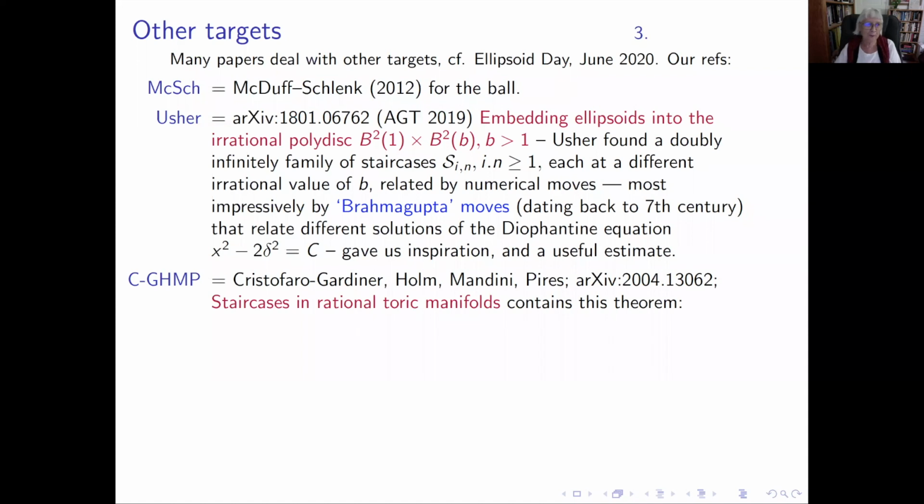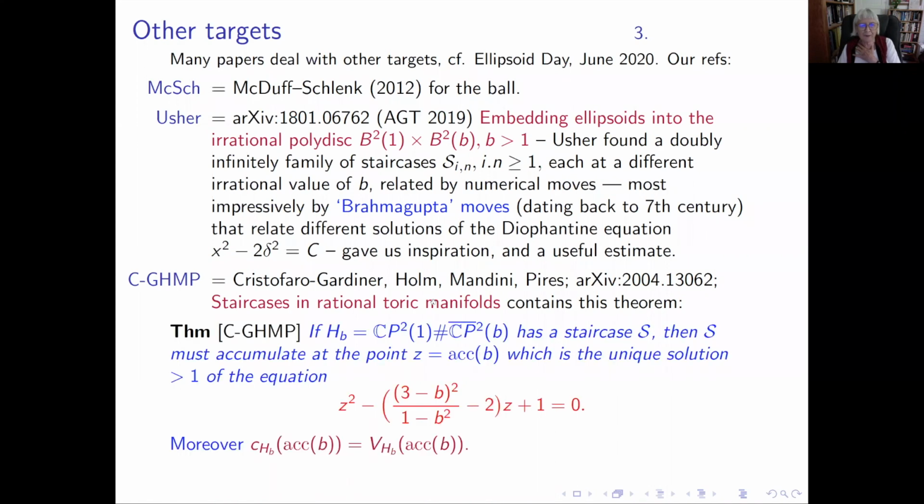And then the other influential paper by Dan Cristofaro-Gardiner, Tara Holm, Alessia Mandini, and Ana Rita Pires, which is about staircases and rational toric manifolds. And it contains this theorem, which is essential for us.